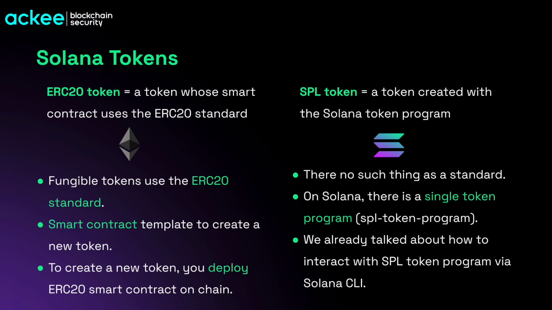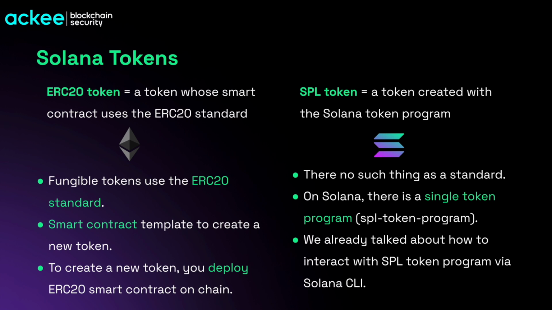So let's briefly introduce Solana tokens compared to, for example, Ethereum tokens. On the Ethereum side, we have ERC20 tokens, which are tokens whose smart contract uses the ERC20 standard. All of the tokens on Ethereum, if you want to use the standardized functions, follow the ERC20 standard. If we want to create a token on Ethereum, we can use a smart contract template to create a new token.